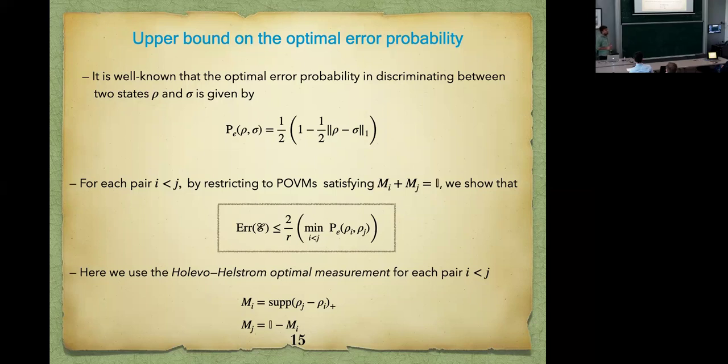But are these things symmetric? I mean, the trace distance, you can flip sigma and rho. Yes, they're the same. But this M_i is a projector onto that. If you flip rho j and rho i in the second to last equation, then the operator changes. Or isn't it just the other one?